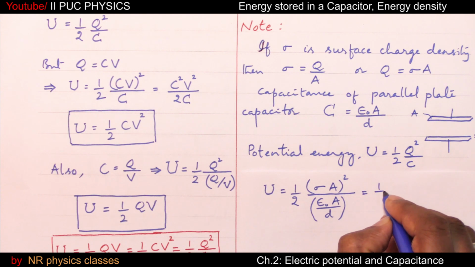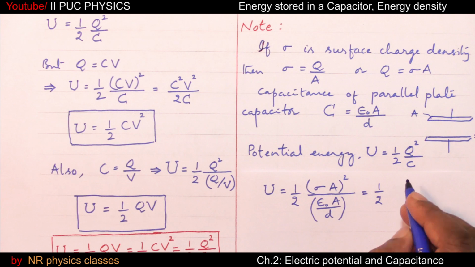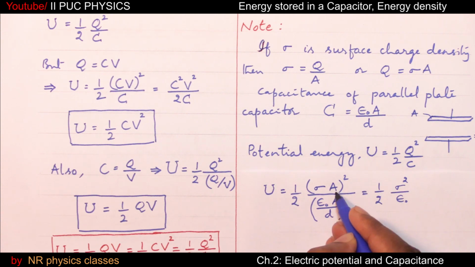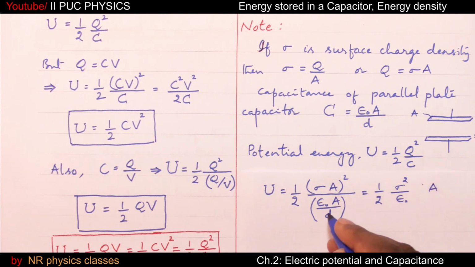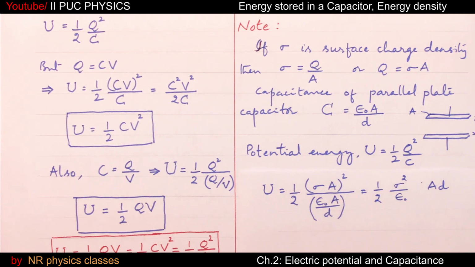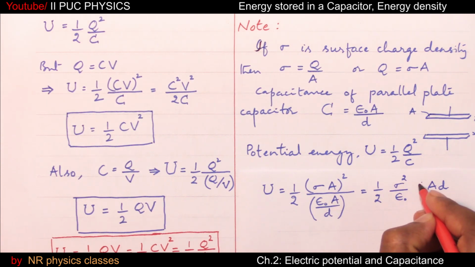Equal to half sigma square by epsilon naught, A square by A is A, D goes to the numerator, D. Since it is sigma square by epsilon naught, imagine epsilon naught by epsilon naught here.